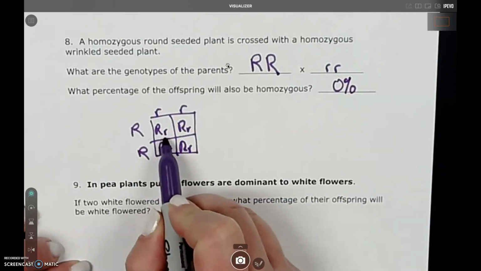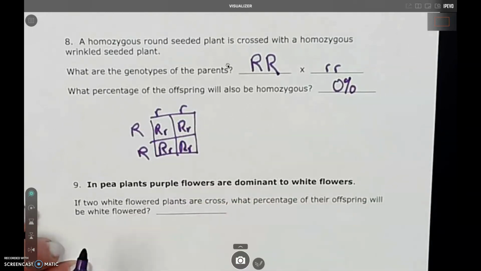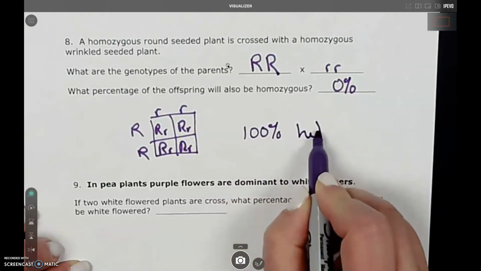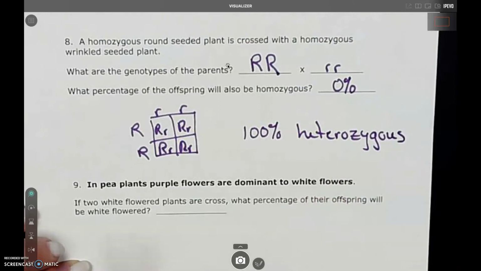It's a big R, little r in every single square. All of them are heterozygous at that point. 100% heterozygous. Oh, I'm sorry. Which one are homozygous? None of them. Okay.